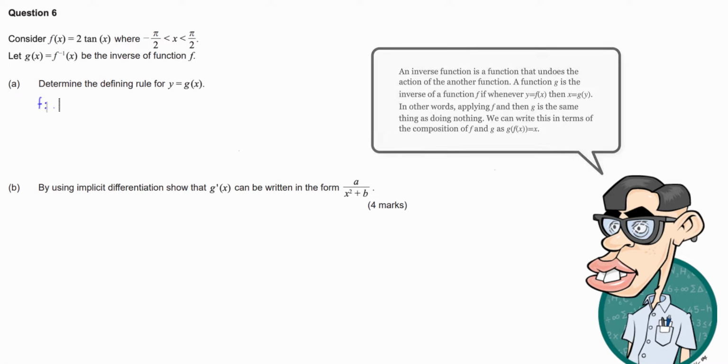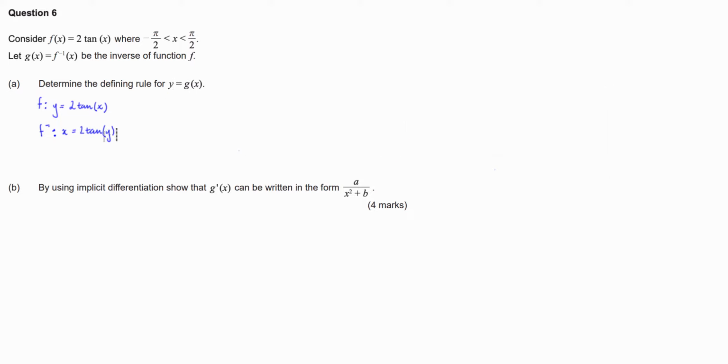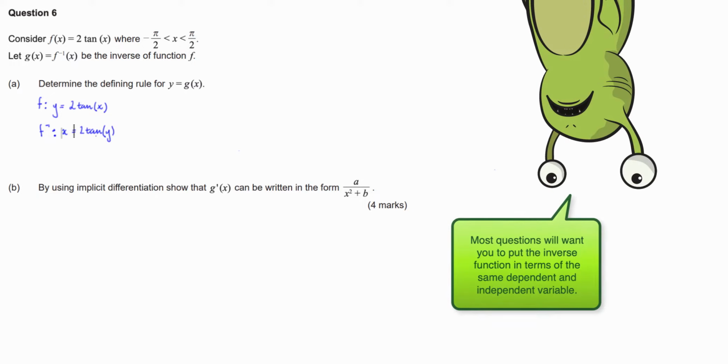So what I usually like to do to start with these ones, guys, is just write down my function. f is y equals 2 tan of x. So what I'm looking for is my inverse function, f negative 1, which is going to be x equals 2 tan of y. Now, because I need to write it in the form y equals g of x, I've got to make y in terms of x in this function.